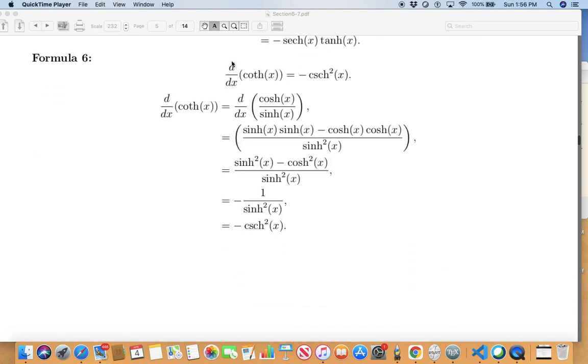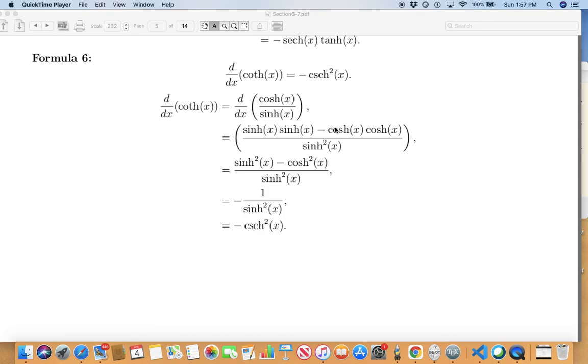Next formula, the derivative of cotan hyperbolic is negative cosecant hyperbolic squared x. The derivative of cotan hyperbolic x, what is this? It's the quotient cosine hyperbolic x over sine hyperbolic x. So you're going to use the quotient rule here. Square the denominator, derivative of the numerator, denominator as it is, minus numerator as it is, derivative of the denominator.